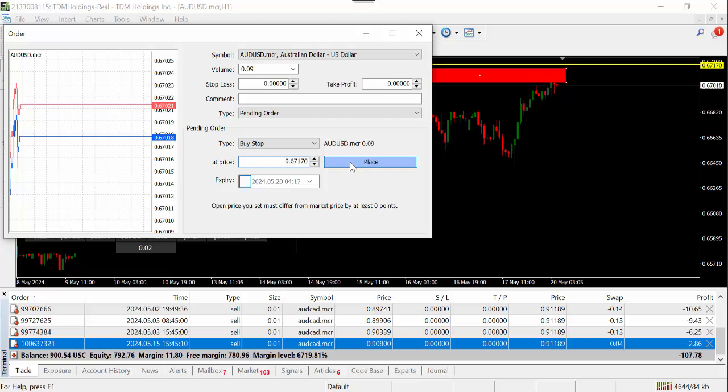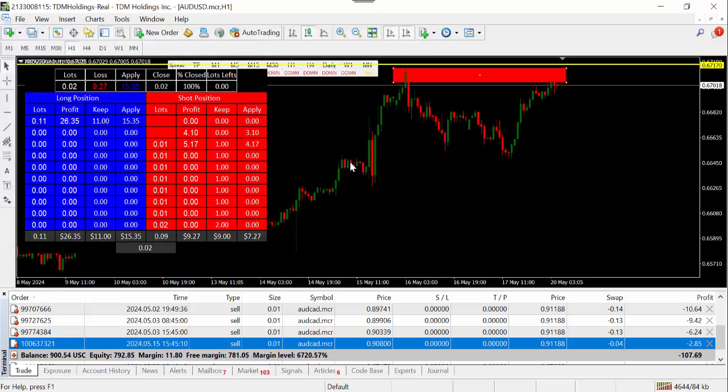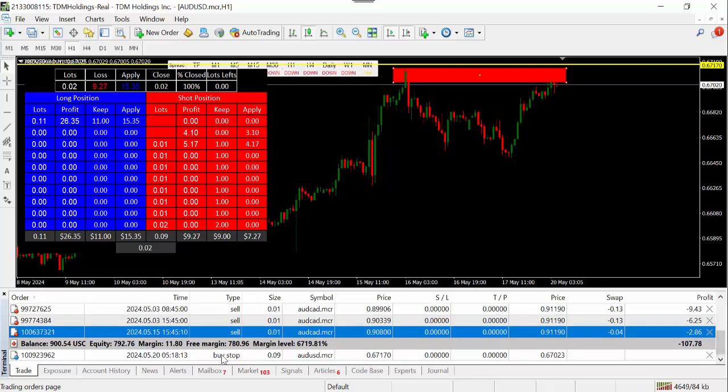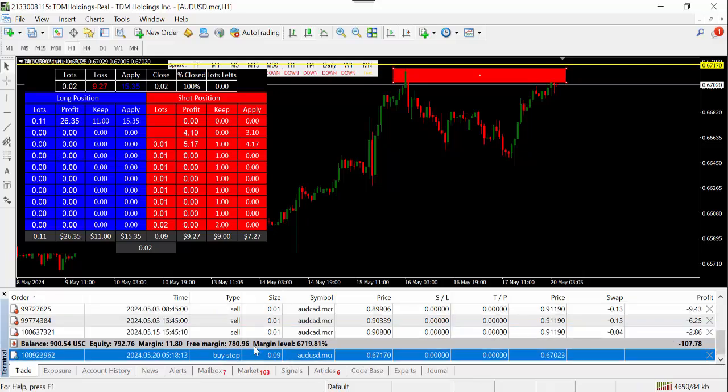So 67170, then we put, so this will be a pending order. You can see it's a pending order, but we are going to use it to hedge the other side. You see 0.09. So here, remember, we have 100% close everything. Yeah, so now what we have there, we have 0.09 here, no profit.